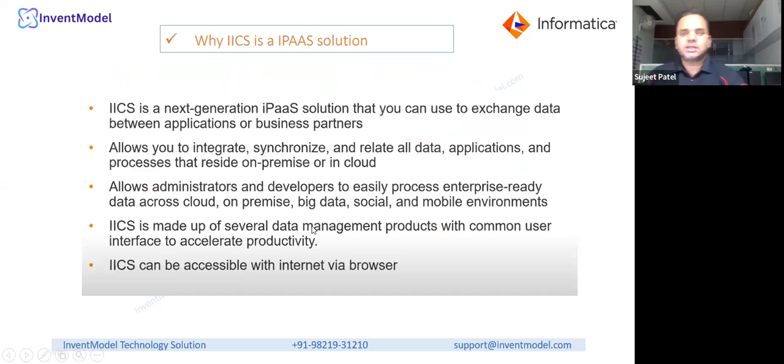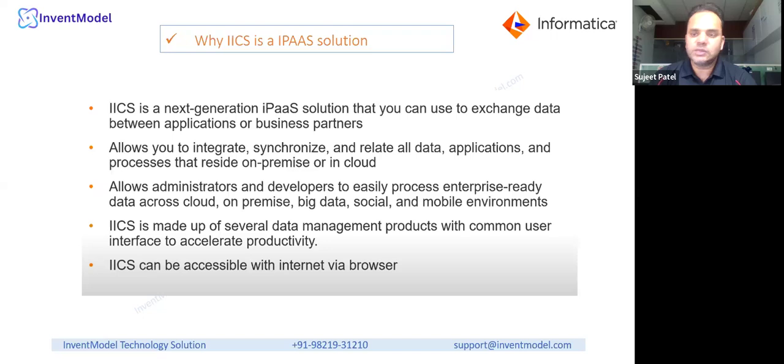So the next agenda is why IICS is called an iPaaS solution. IICS is a next generation iPaaS solution because it helps us connect and integrate different, heterogeneous sources. You can use it to exchange data between applications or business partners or business stakeholders.